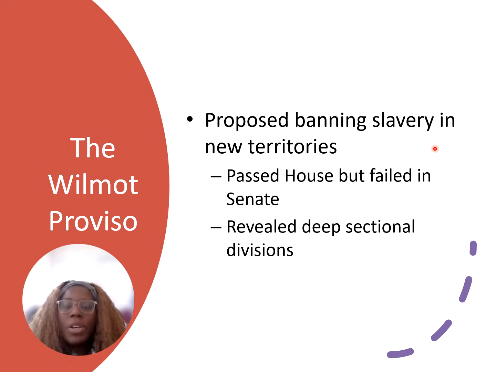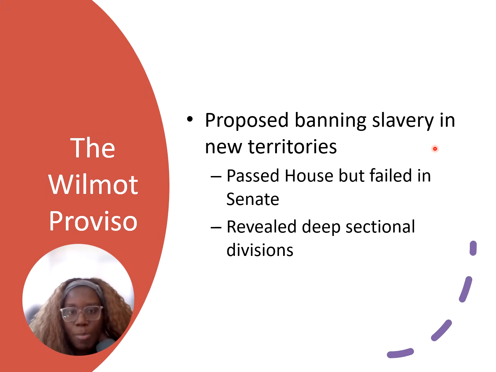So the repeated failure of the Wilmot Proviso exposed again a deeper problem. Congress was becoming incapable of managing these sectional conflicts through legislation. Lawmakers could debate, delay, and block proposals, but they could not produce solutions that both the North and the South would accept.